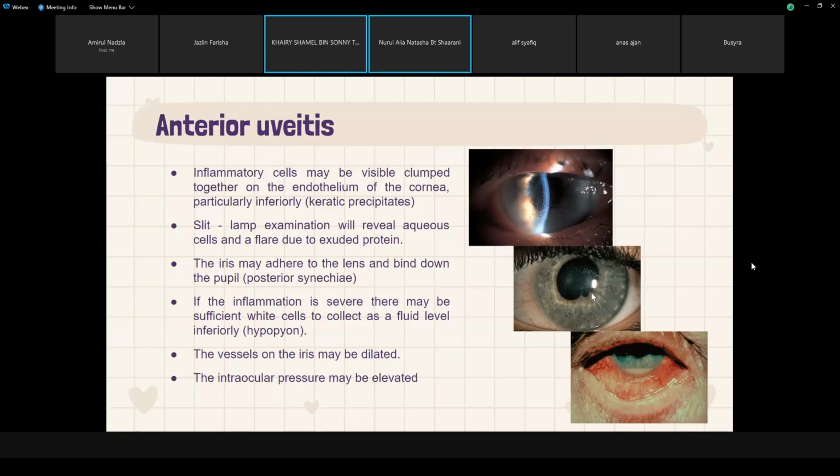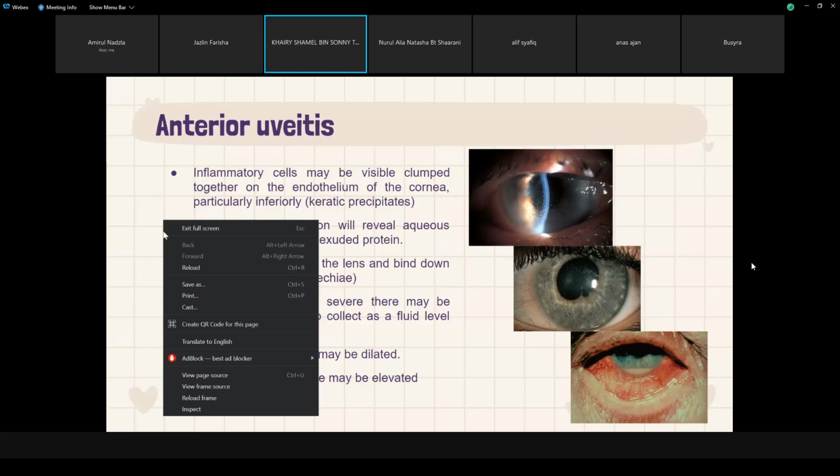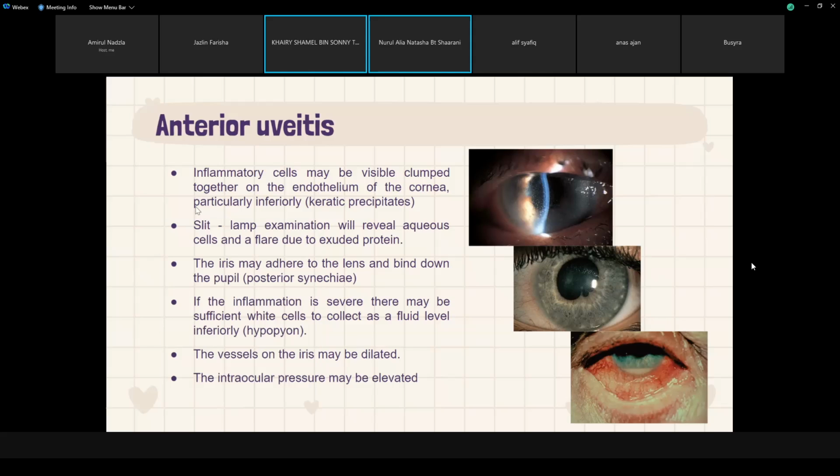Nampak? Yang ni yang posterior synechiae. These two. Dia melekat dekat anterior capsule of the lens. Okay? So how do I take over? Please take over the mouse. Take over the presentation.